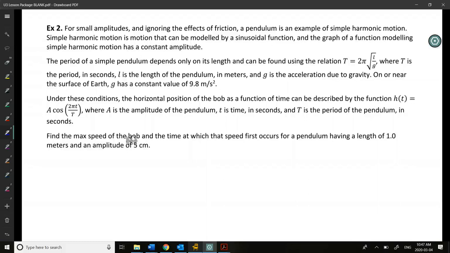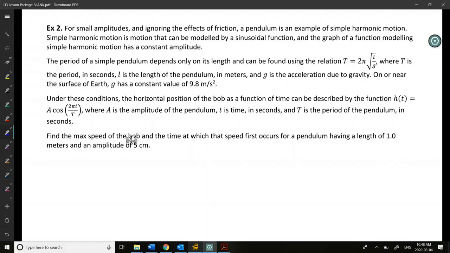If something's hanging down, we're looking at the length of how far that is from its fulcrum point. And we're going to use the relation T equals 2 pi times the square root of the length in meters over the acceleration due to gravity, which is 9.8 meters per second squared.